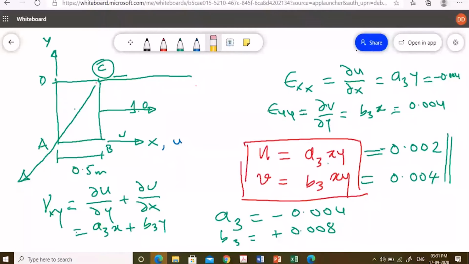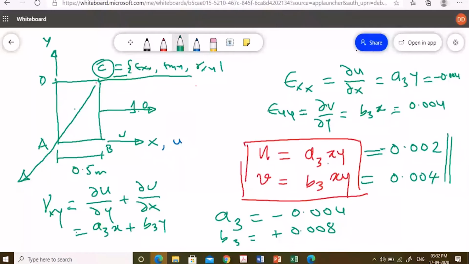See, I now know this. Epsilon xx here, epsilon yy, and gamma xy are known to me now. Now, can I find out what is the value in this direction? Yes, sir. We will find the angle of that line and then take the components of epsilon xx and epsilon yy. Right, not components. You have to use that transformation matrix which I gave you before.